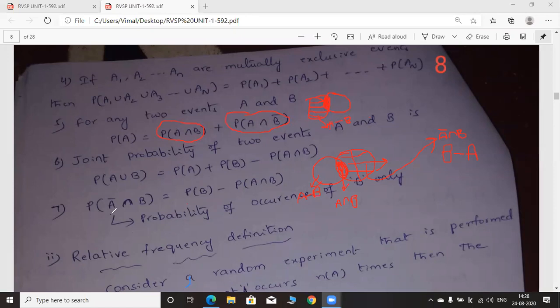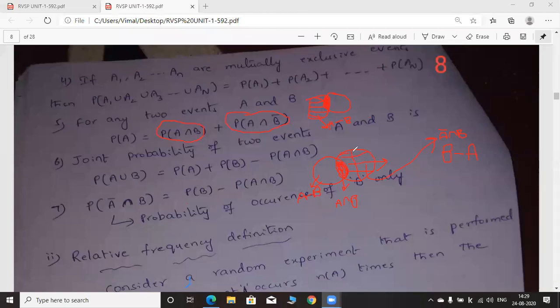Next, if you see the seventh property, probability of A bar intersection B is equal to probability of B minus probability of A intersection B. Here, B means the entire second circle belongs to B only. From this entire second circle, we are removing or neglecting the common portion. After neglecting this common portion, we will have this shaded area only.